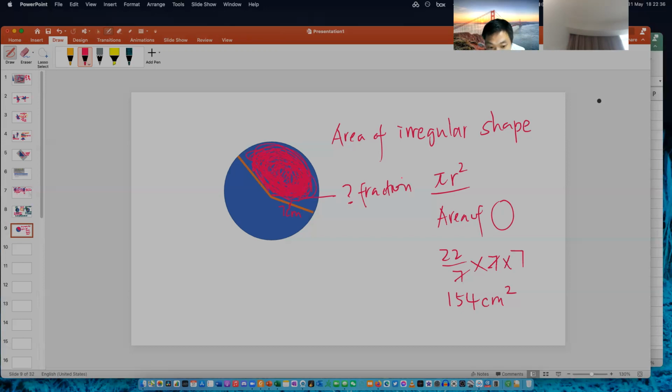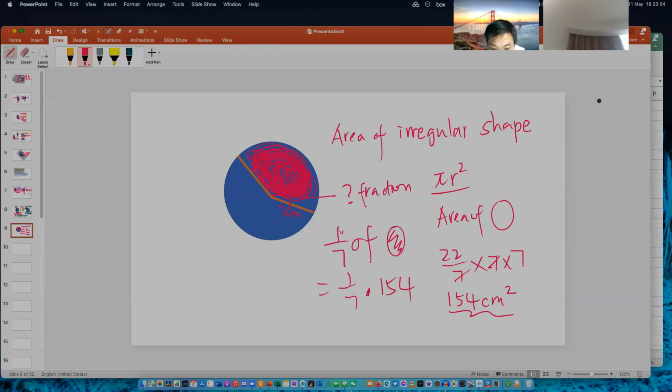If you know the fraction, then you will know the area, right? So if I tell you this is 1/7 of the entire circle, then what you do? 1/7 times 154. Why? Because the circle is 154 here, right? So if I give you the fraction 1/7, you just do 1/7 times 154.